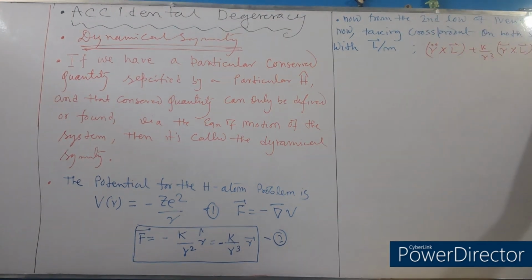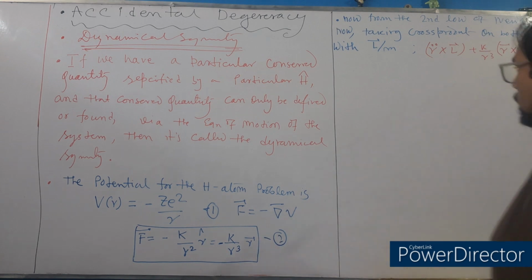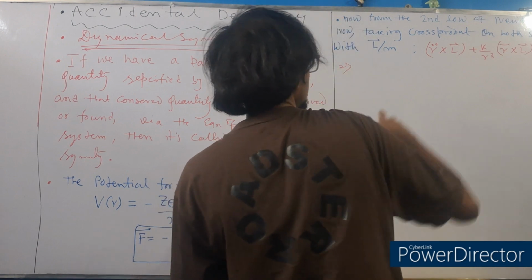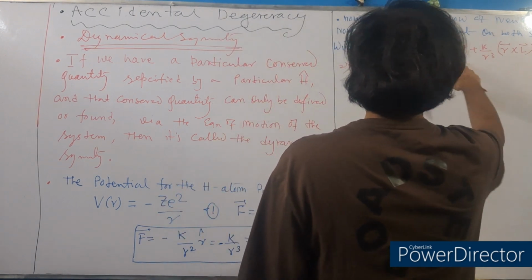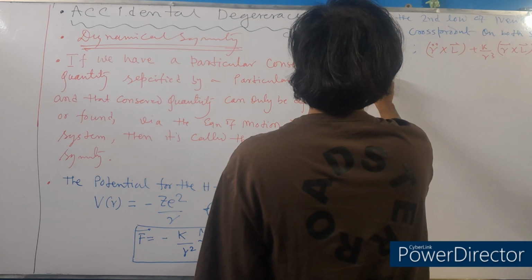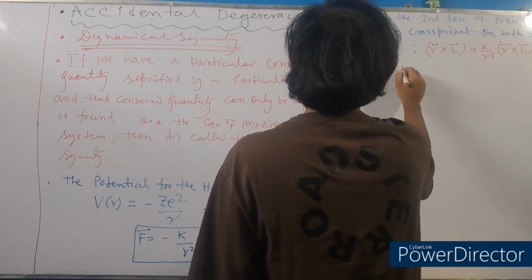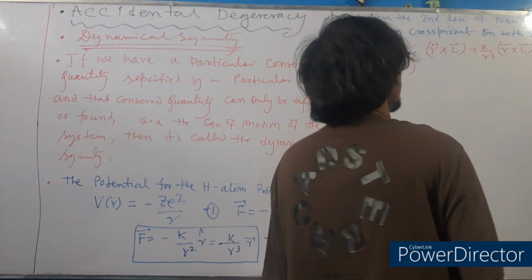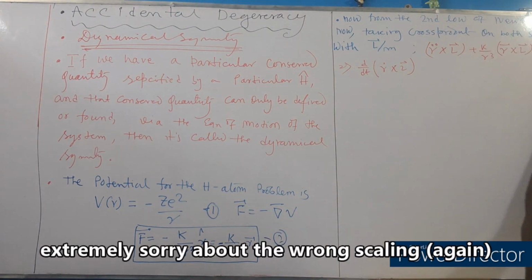Now in a central force system, we know that angular momentum is conserved, so dL/dt is 0. Okay. I think you know this. This is the BSc level central force concept I am using. So if my dL/dt is 0, I can write this whole thing to be d/dt of r dot cross L. I think you guys will agree with me in this case. And L is also equal to r cross p.